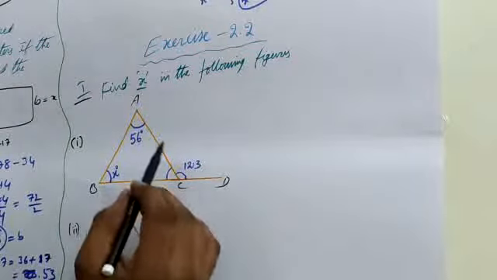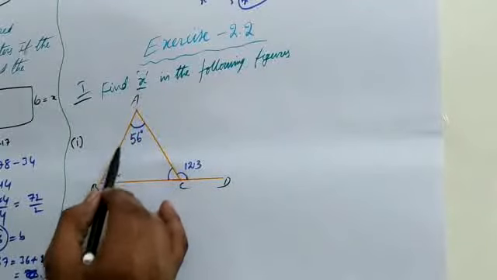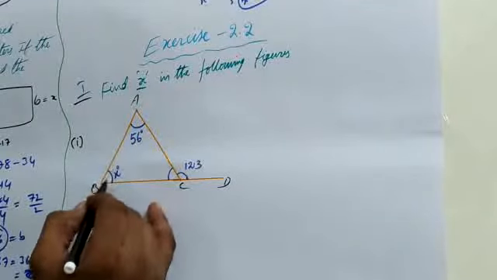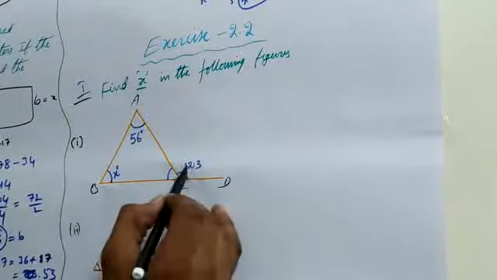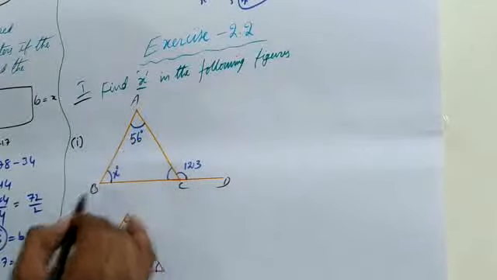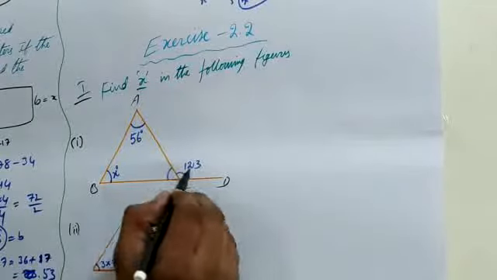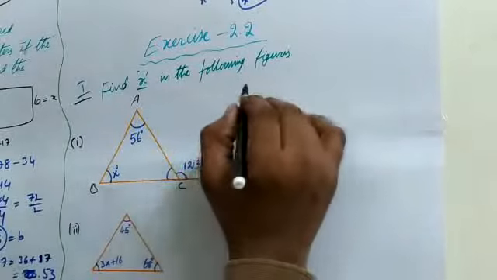Here 56 and x are interior angles, and 123 degrees is the exterior angle.